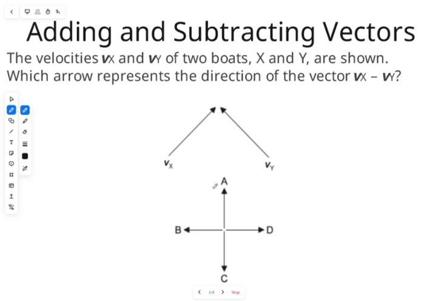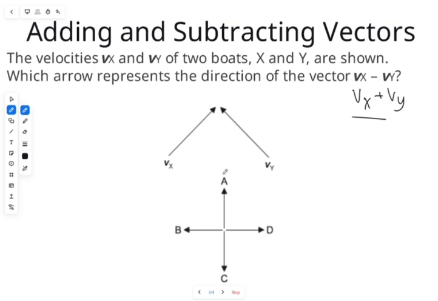Adding and subtracting vectors. So this is a nice question to represent what we call the head to tail method. The velocities Vx and Vy of two boats, x and y, are shown. Which arrow represents the direction of vector Vx minus Vy? And actually I would like to also represent Vx plus Vy. So let's do this one first.